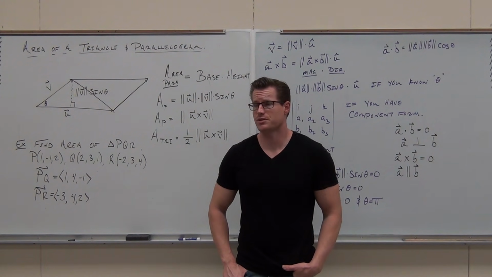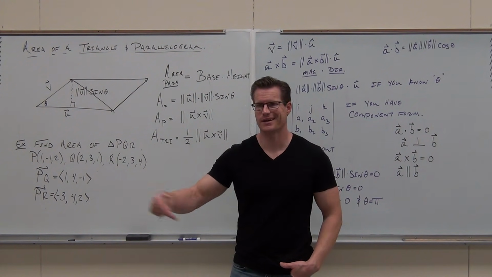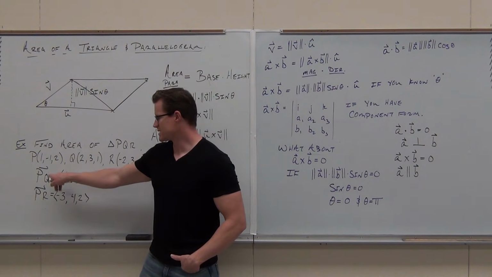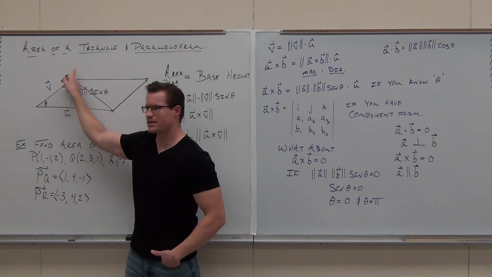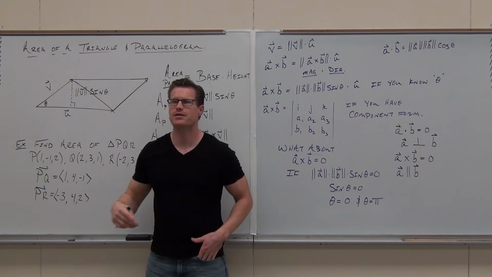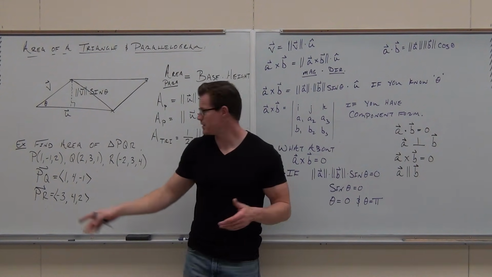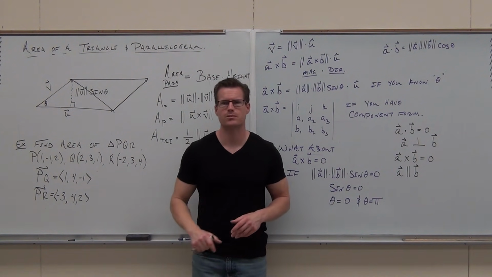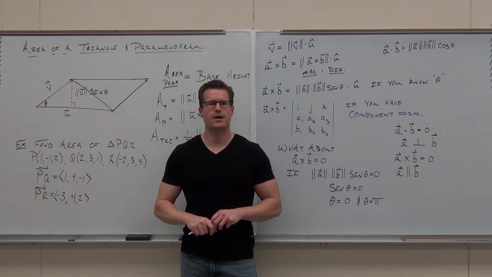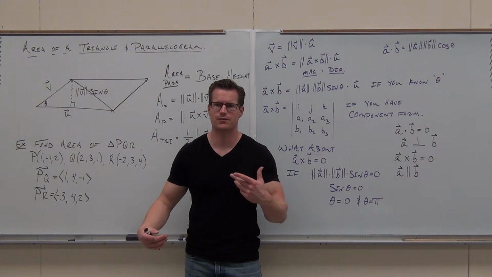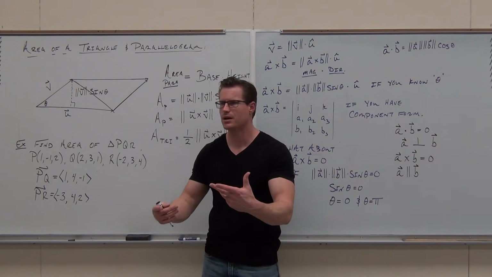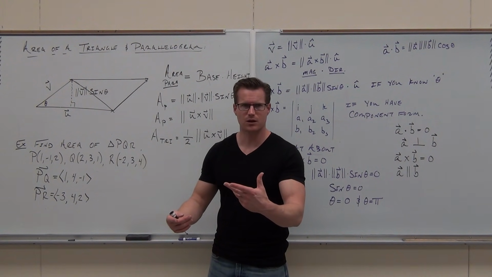Triangles come from parallelograms. So let's find the area of a parallelogram and then cut it in half. Do you guys get that this is just like this vector, and this one's just like that vector? So how do I find the area of the parallelogram that these vectors border? Come on, we just did it. So let's find the cross product first, and then we'll find the magnitude. You can't do it all at once. You've got to find the cross product first and then find the magnitude. Can you guys see what I'm talking about here?